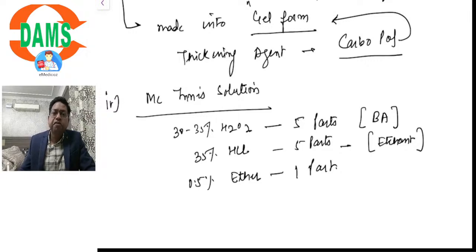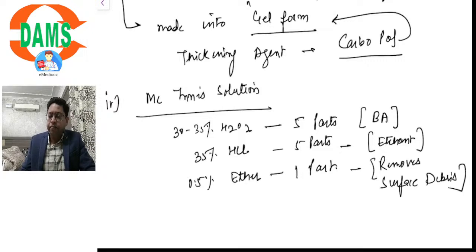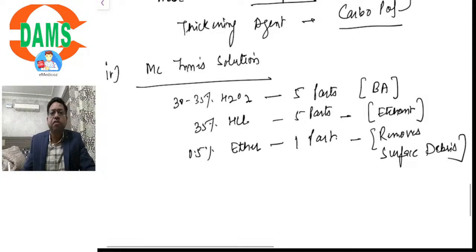And 0.5% anesthetic ether is a cleansing agent that removes surface debris. So this is basically McInnes solution. So these are the four principal chemicals that we use for the bleaching treatment, starting from superoxol to carbamide peroxide to sodium perborate and a combination agent that is McInnes solution.